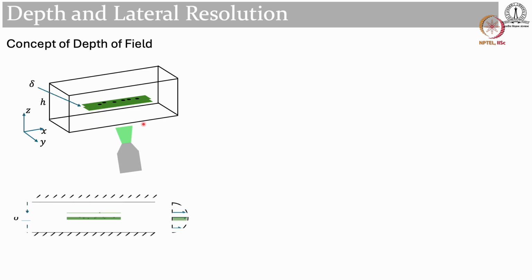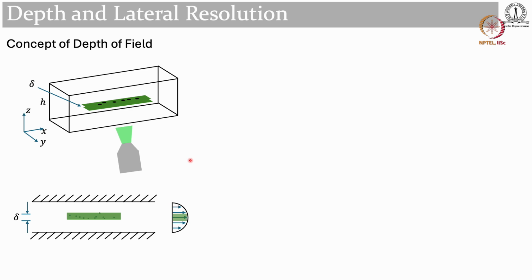In a two-dimensional figure, you can see it like this, and this is the depth of field, delta. You are able to view only this much of the region and not a much larger region. So this will give you much better results over a smaller range of volume.